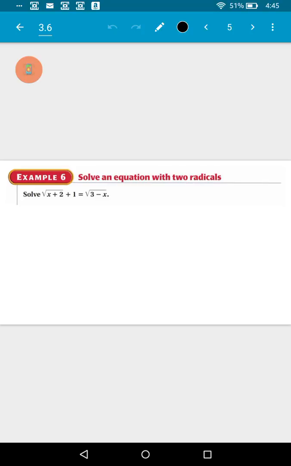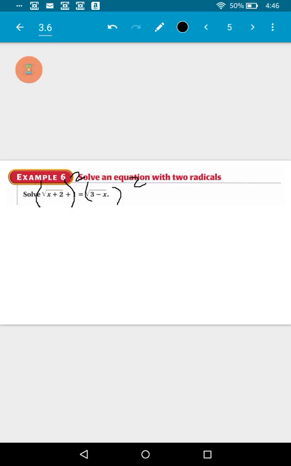I have a radical on my left and a radical on my right. I square this side because that's the easiest one to get rid of. But if you are going to do it to the left side, and it's exactly what you're supposed to do, you have to square everything, including that dangling one that we have no idea what to do with right now.